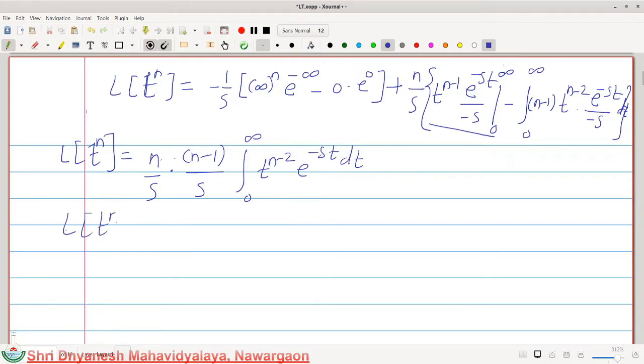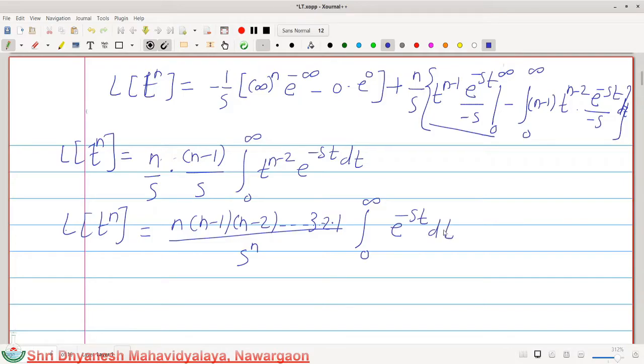Laplace transform of t power n equals n into n minus 1, then we get n minus 2, so on 3 into 2 into 1 upon s to the power n. Okay, and what inside the integration remains? Integration 0 to infinity e to the power minus st dt.